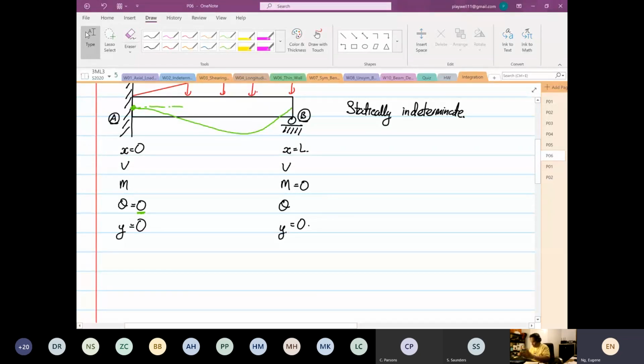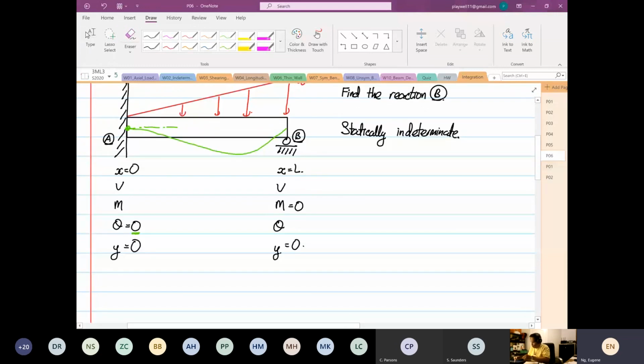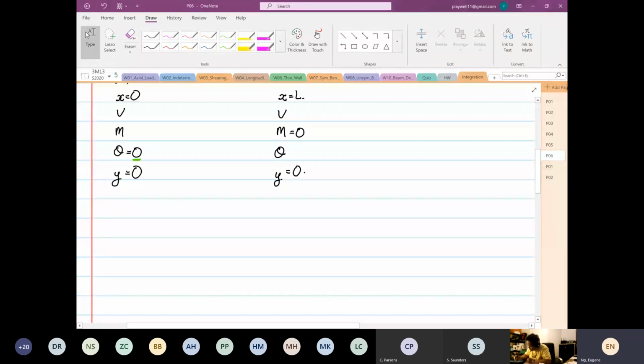So I'm going to show you using positive shear and positive bending moment.